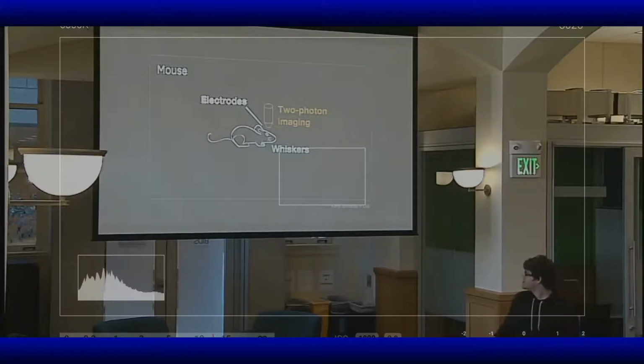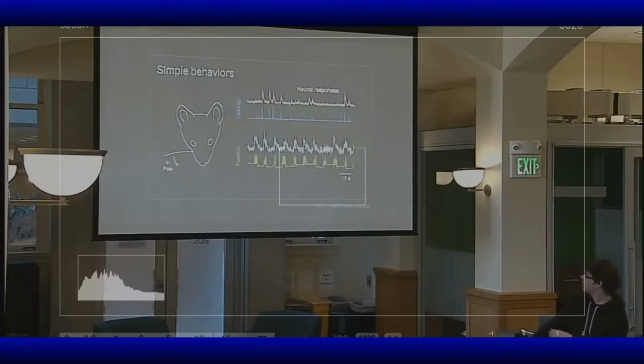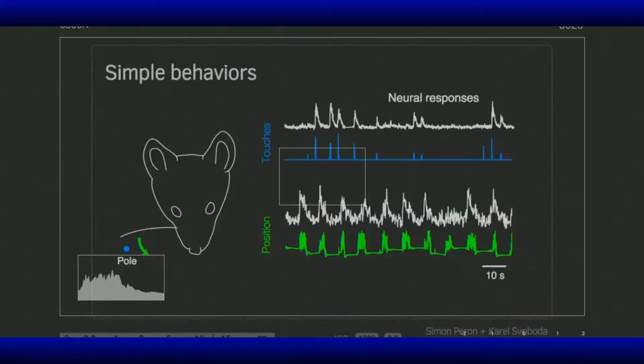We also spend a lot of time thinking about mouse whiskers, which is not something that's particularly intuitive maybe, but it is a really important sensory modality for these animals. And we can also measure electrical activity. So we do a lot looking at pretty simple behaviors in these animals. For example, there's a lot of interesting questions to be asked just about how a really simple stimulus is encoded by the brain.